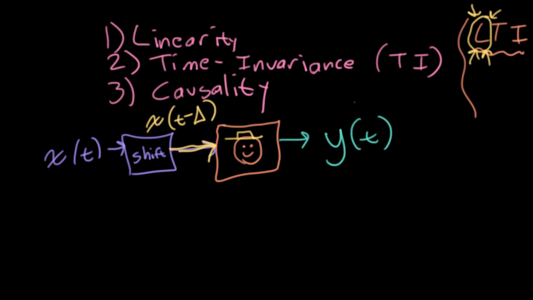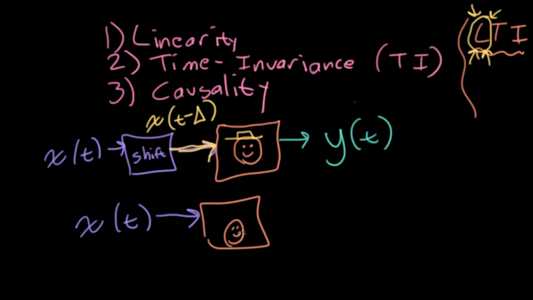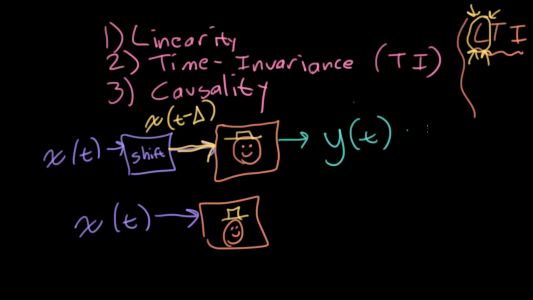If the system is time invariant, what that means is that we can take our signal, put it into the system first, and again, if it has the top hat of time invariance, then we should be able to take the output of the system and then shift it. I do want to make a distinction here, so I'll subscript this with an S1 for shifting first.